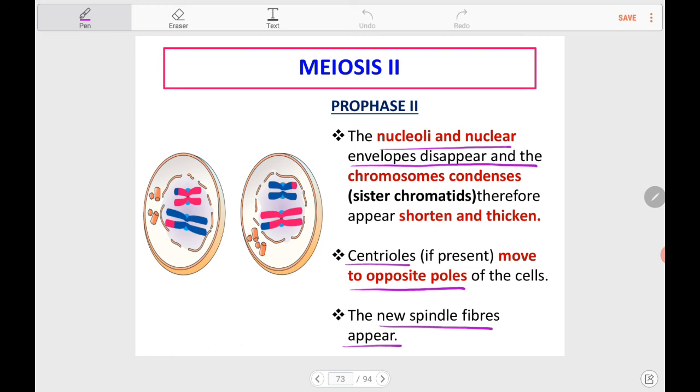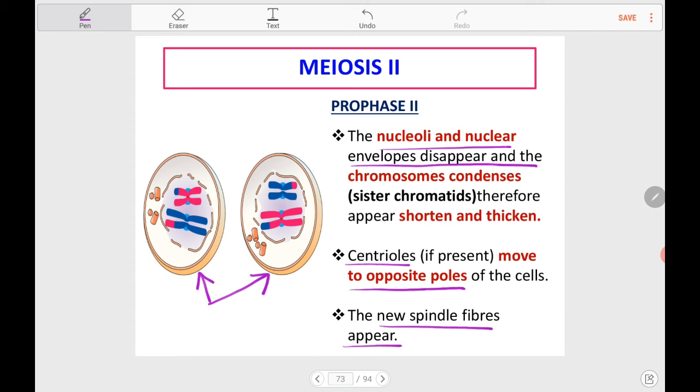Sebab semasa prophase 2, daughter cell ada 2 sekarang. Kalau prophase of mitosis, kita start dengan 1 sel. Kalau prophase 2 of meiosis 2, kita start dengan 2 sel. Itu first difference antara prophase 2 dan juga prophase of mitosis.